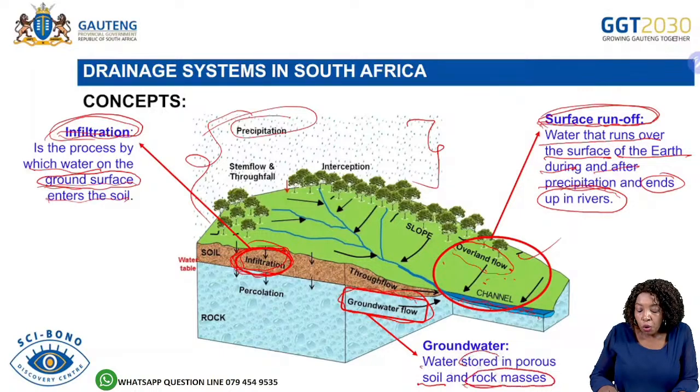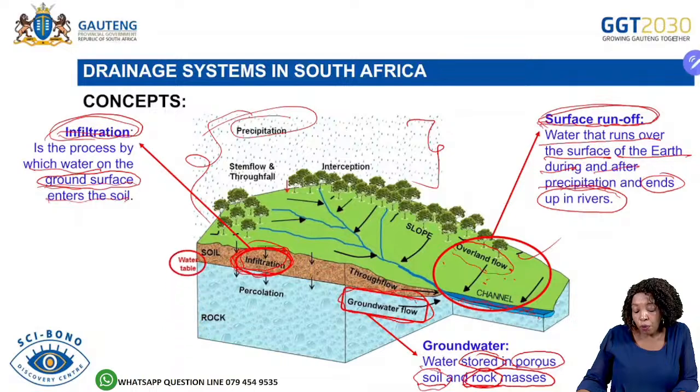By porous soil, we're referring to soil that has pores, and therefore water can pass through. When water passes through, it gets stored there, or even if it's a porous rock, water would be stored within those rocks, and it would form part of the groundwater.